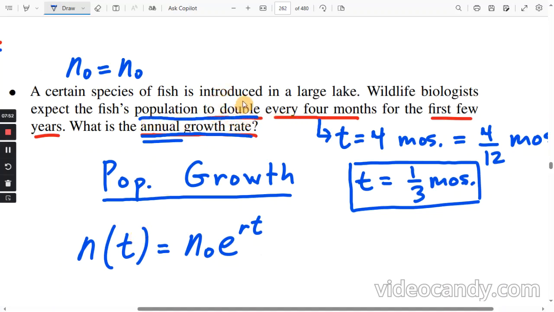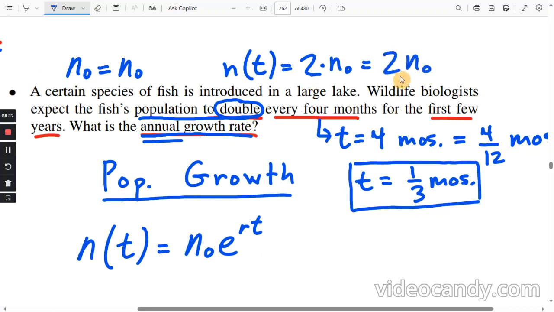So since it doubles, that means N of t, the ending population, is going to be 2 times N sub 0. So for N of t, we're just going to use 2 N sub 0 because it's going to double.